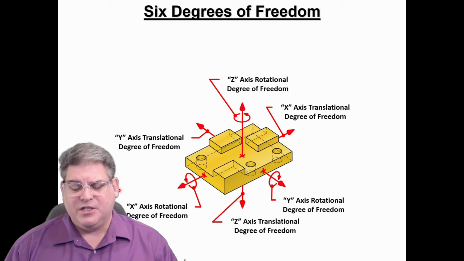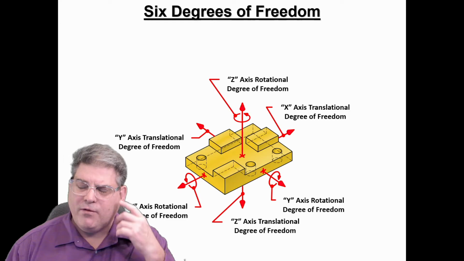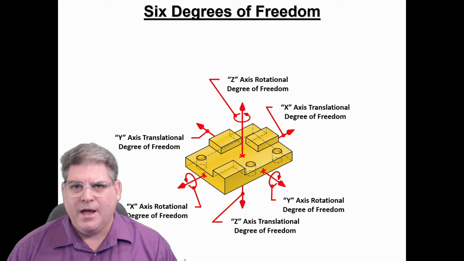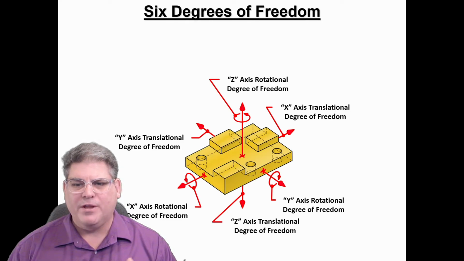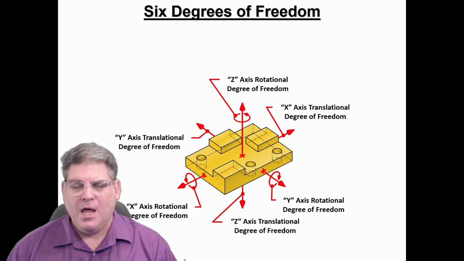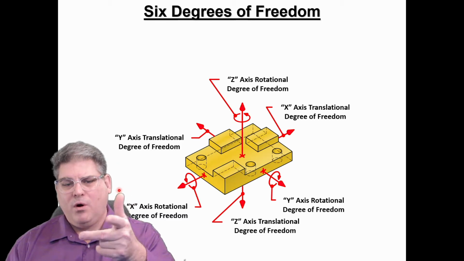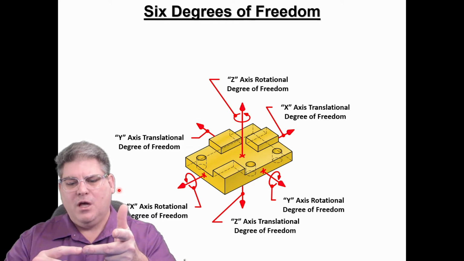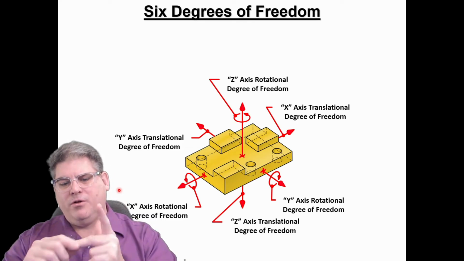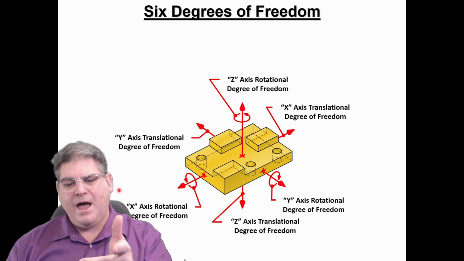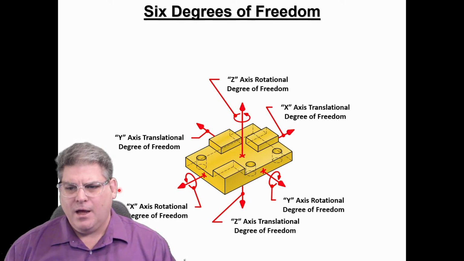Now, I had mentioned fixtures. So fixtures are a way for us to hold our part in 3D space. And in order to properly contain your part, we actually have what they call 6 degrees of freedom. And so they are the X, Y, and Z physical coordinates, okay, as well as U, V, and W, which are the rotations around those axes, okay?